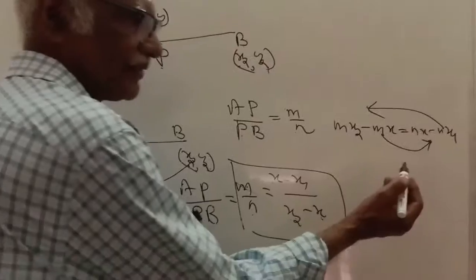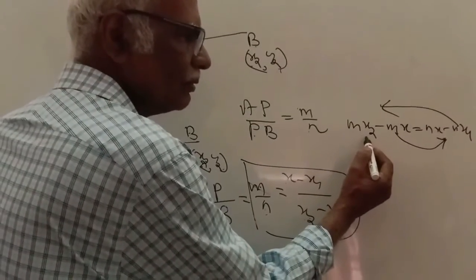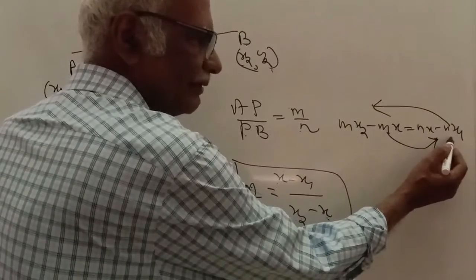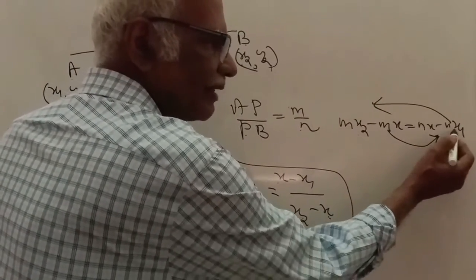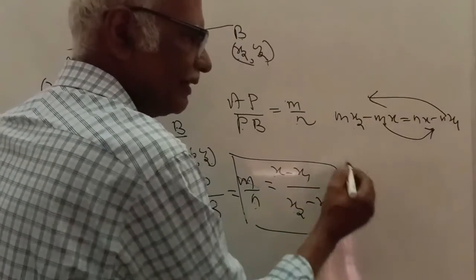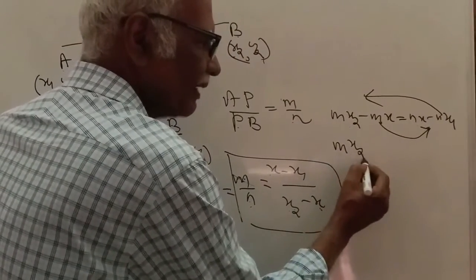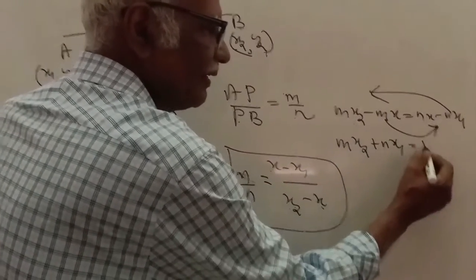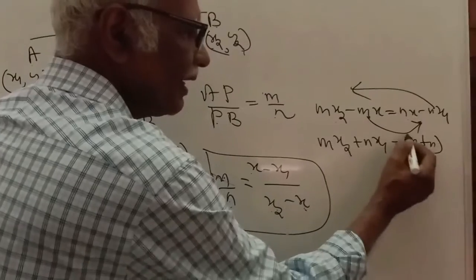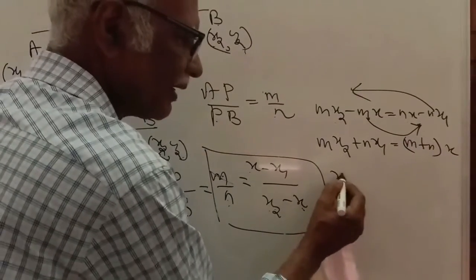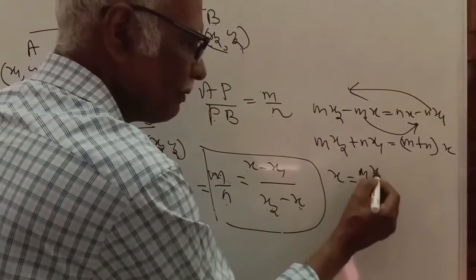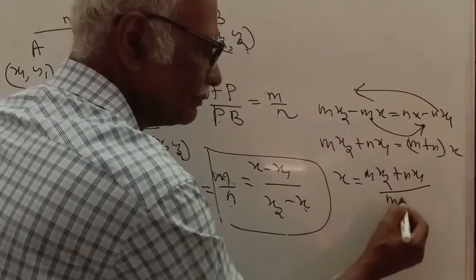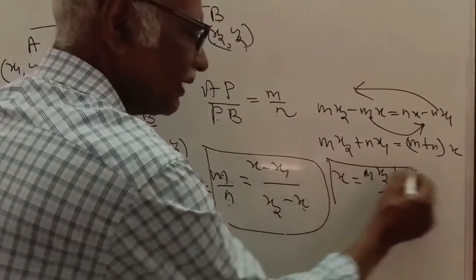So mx2 minus mx is nx minus nx1. Minus mx goes there, minus nx1 comes here. We are getting mx2 plus nx1. On the other side, it is (m plus n) x. Or you are getting x is equal to (mx2 plus nx1) by (m plus n).